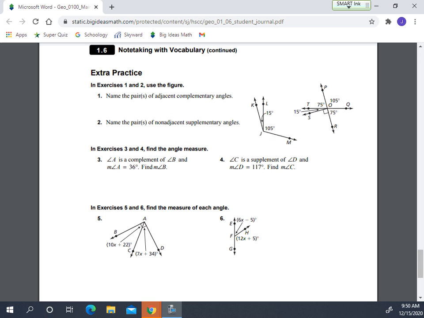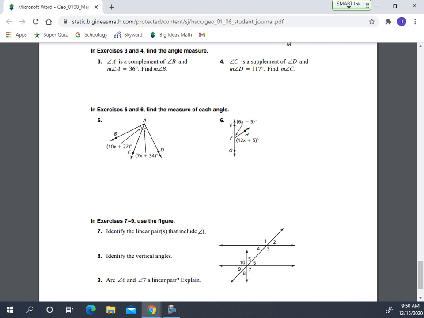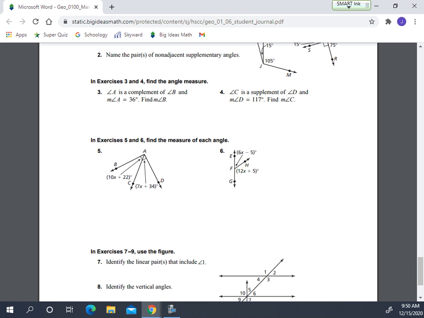Okay. Next down here, we have 3 and 4. Angle A is a complement of angle B. Complement, what does complement mean? That means 90 degrees. So if they add up to 90 degrees, and angle A is 36, we know that 36 plus angle B is equal to 90 degrees.